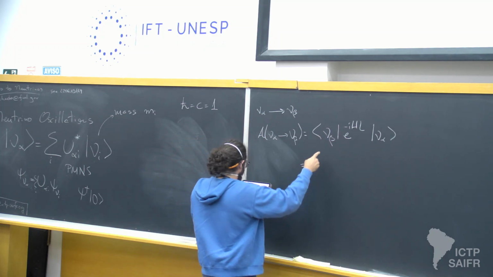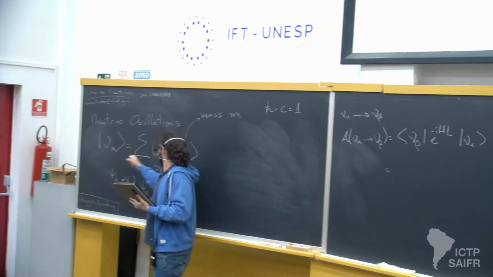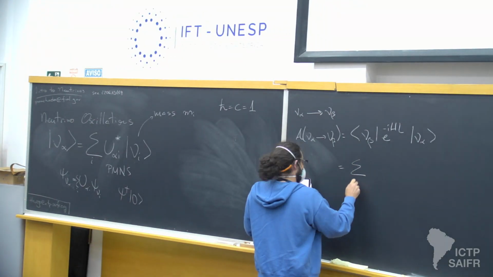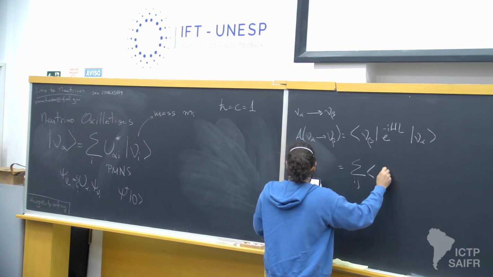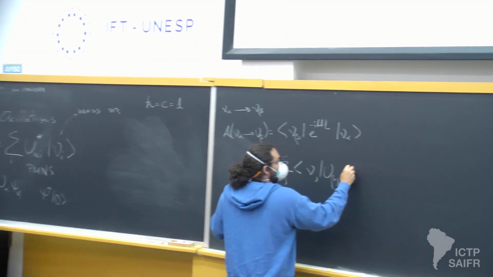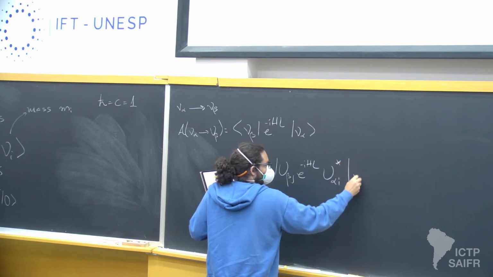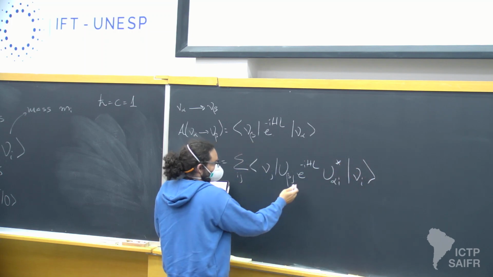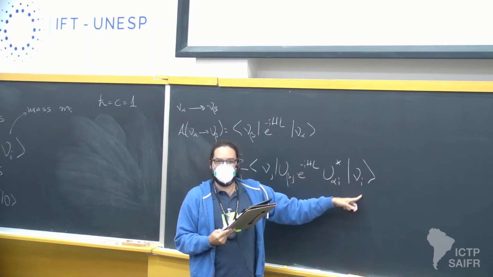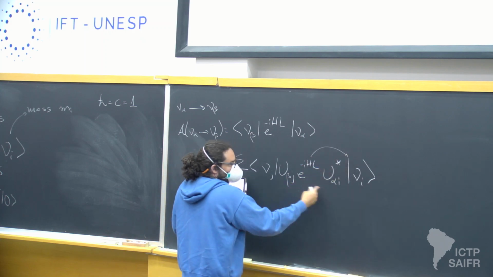So if we just work this out, we can open up nu_alpha and nu_beta like this, and we'll get something like a sum over i, j of nu_j, U_beta j, e^{-iHL}, U_alpha i star, nu_i. This is an eigenstate of the free Hamiltonian, so this is just the energy of this state. Now when you apply this to that, these are just numbers, and they all come out.